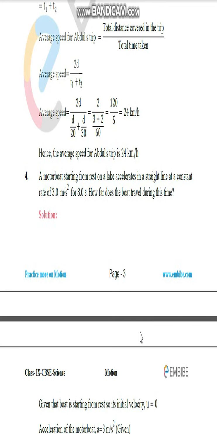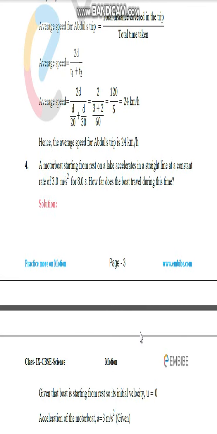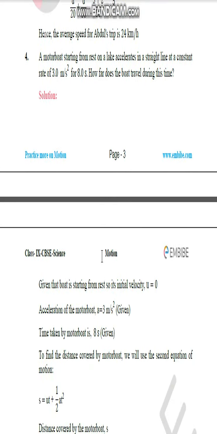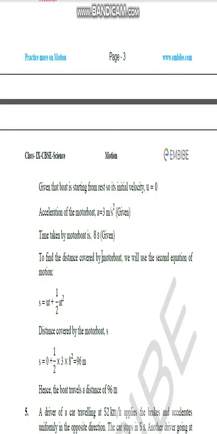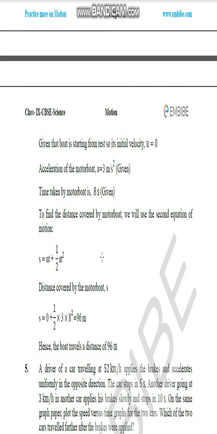Now I have to find its final velocity, because initial velocity is 0 as it is mentioned here, rest. So initial velocity is 0, acceleration is 3 meter per second square, time taken is 8 seconds. I have to find the distance covered by the motorboat. I'm sorry, I was saying we have to find the final velocity.